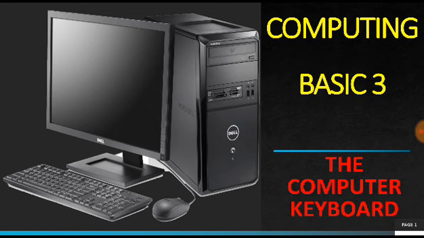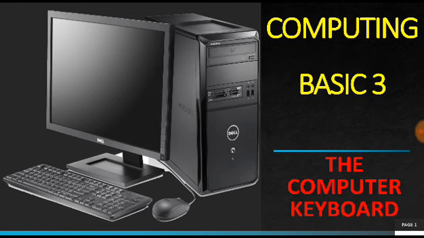And we also made mention of the fan. So all these are the things that can be seen at the back view of the system unit. And we talked about these ports or the back view of the system unit last week. For today, we'll base our topic on the computer keyboard.